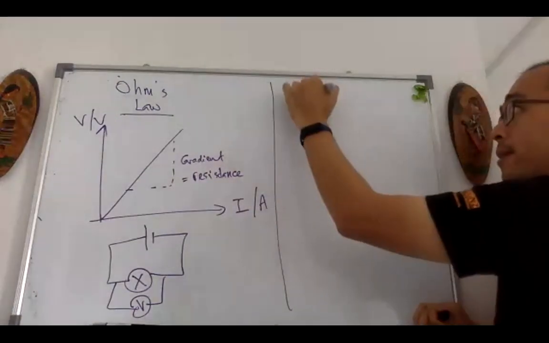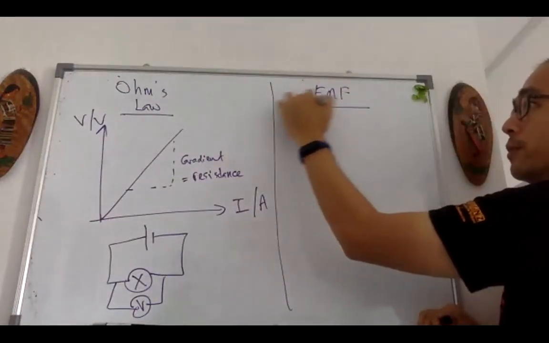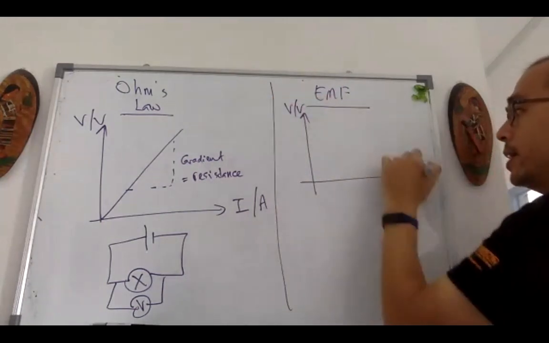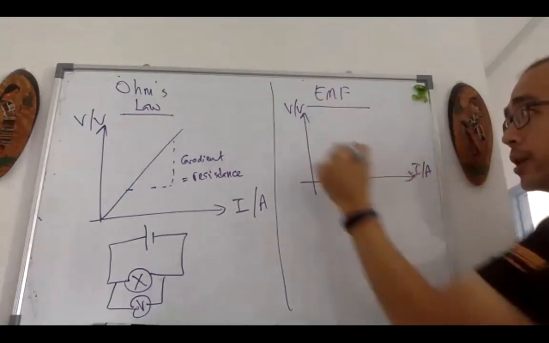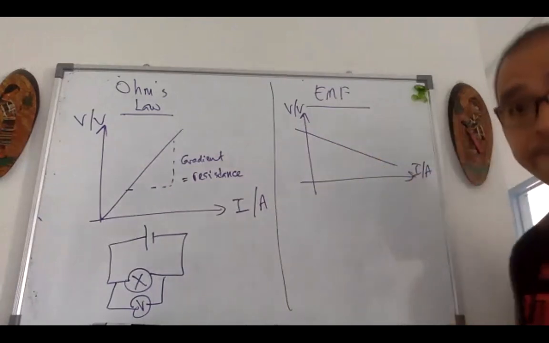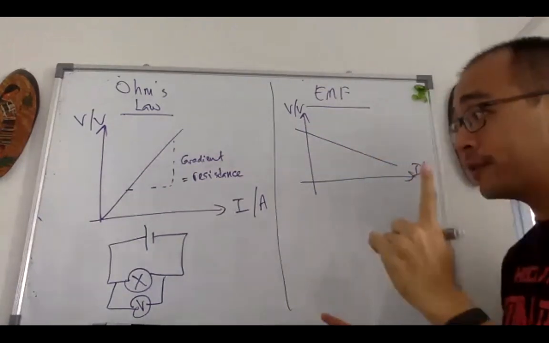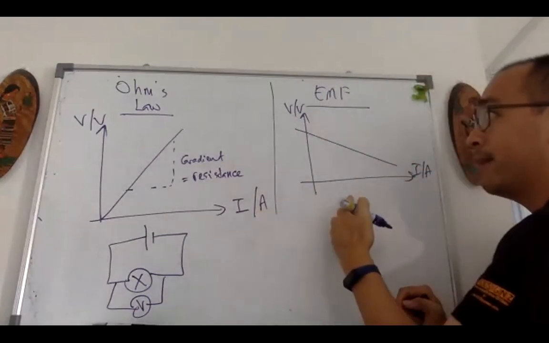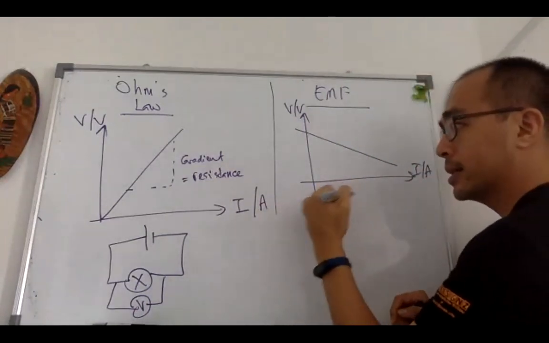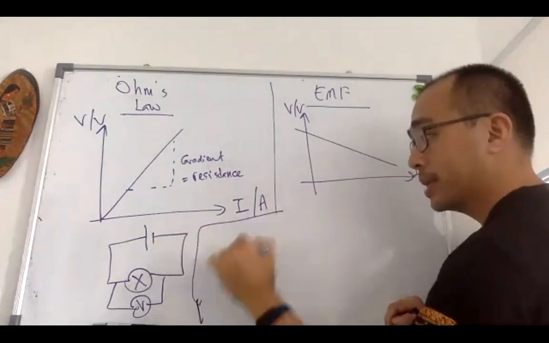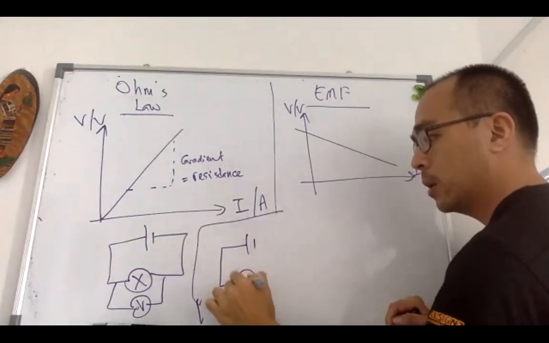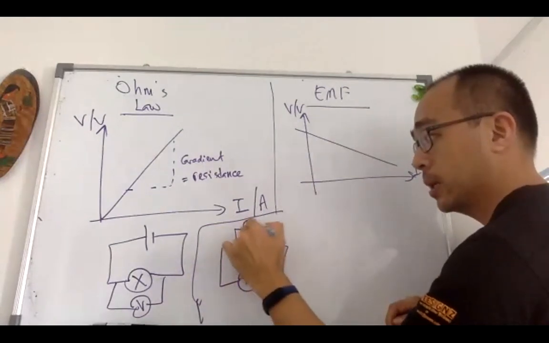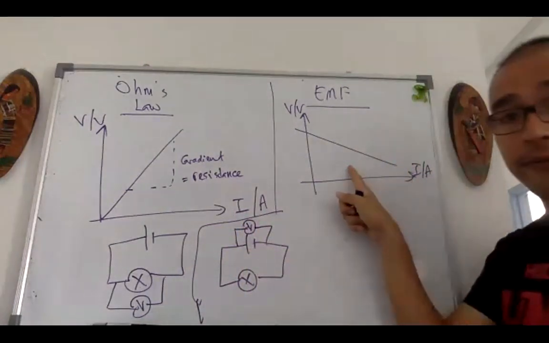But for the EMF experiment, the electromotive force experiment, we are going to plot the same graph, V and I. But we're going to get this kind of graph instead, because of the position of the voltmeter. Remember in an EMF circuit, the position of the voltmeter is no longer down here, but it is up here, which is why you will get this kind of graph.